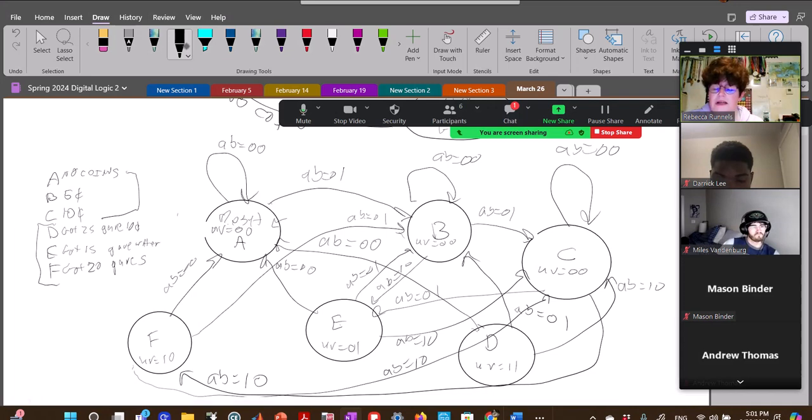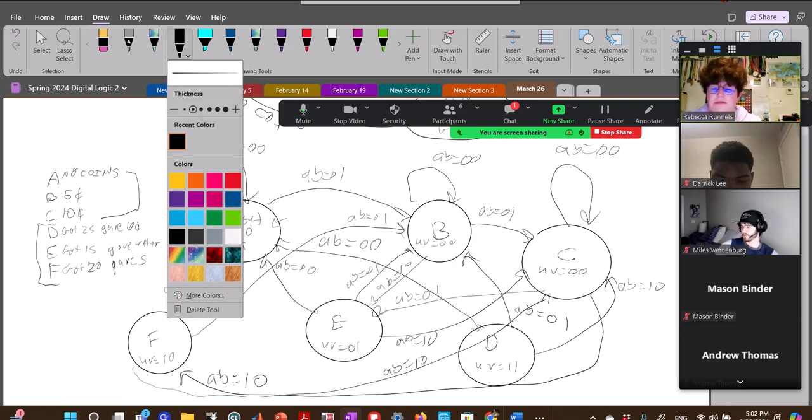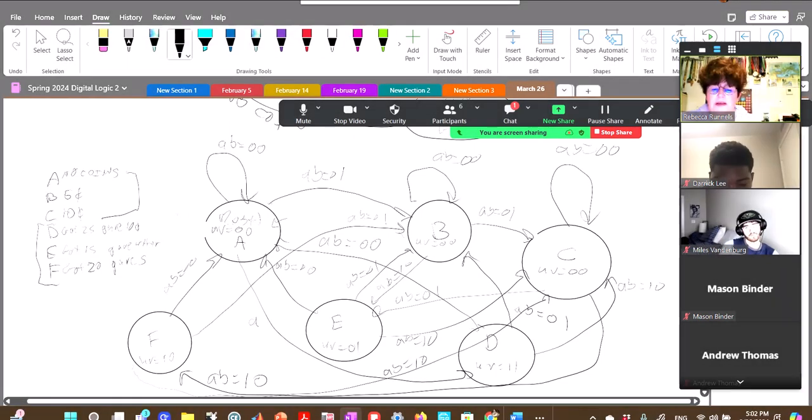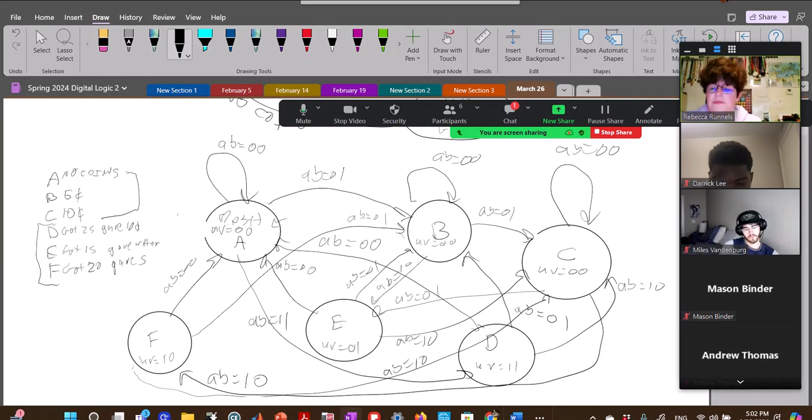And then the last thing that can happen is they could each get a quarter. And for that one, we know that the reset state would go to D. So that'd be AB equals 1, 1.